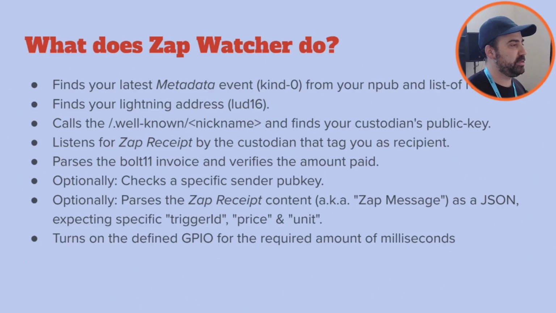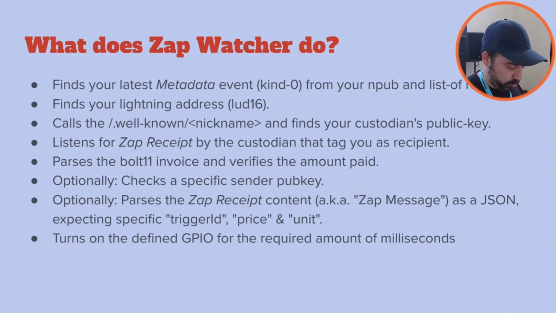So only if you get a zap from a specific sender, then the device will turn on. And it also parses the content of the zap. So when you send someone a zap, you usually send some emoji, but you can actually, in theory, write a message over there. So it parses it as a JSON and searches for fields like trigger ID, price, and unit.